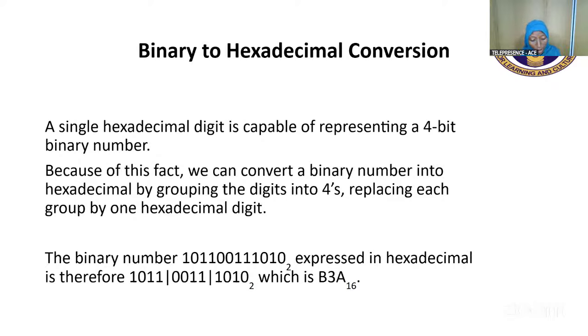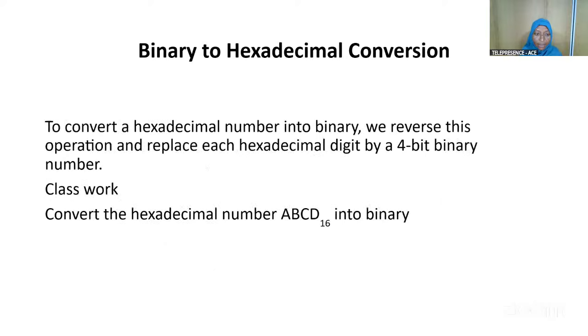What is 1011? 1011 is actually 11, and 11 in hexadecimal is B. That's why we have B there. Then 0011 is 3. That's why we have 3 here. Then 1010 is 10, and in hexadecimal, 10 is A. So we have B3A in hexadecimal.